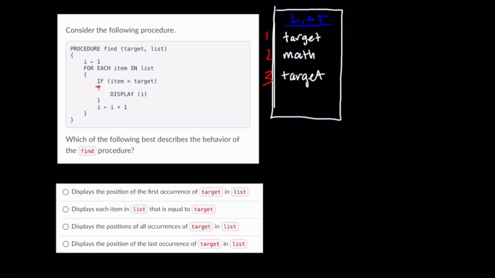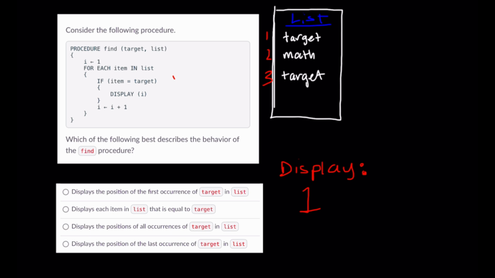And so it's saying if item number 1 of the list equals Target, then it will display I. As you can see right here, before we started this repeat, I equals 1, so it will display 1. The first repeat is true because number 1 in this list is Target, so it displays 1, and that means that item number 1 did have the word Target.